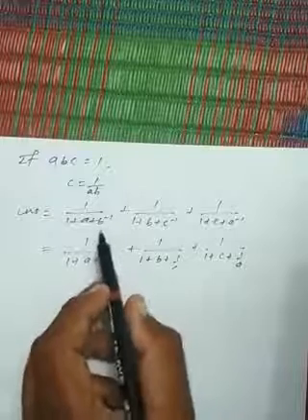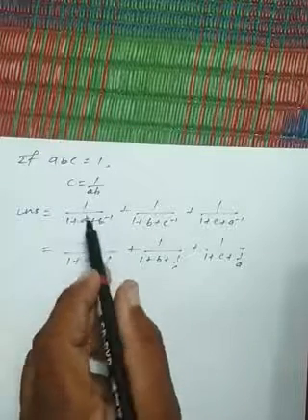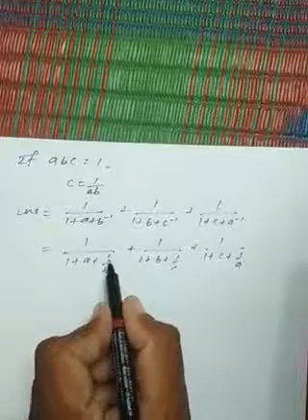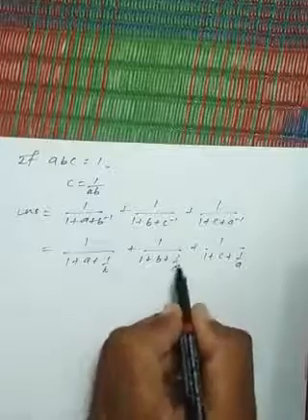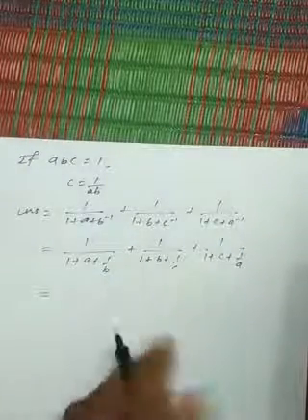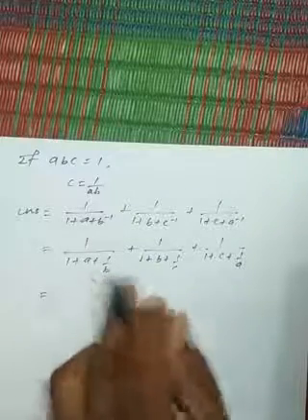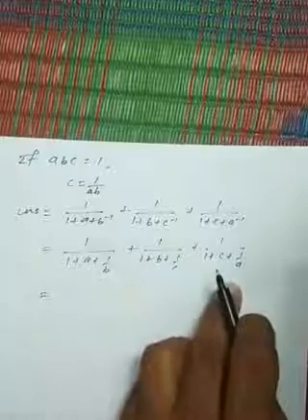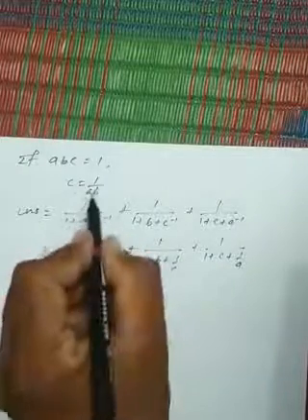Here B inverse can be written in the form of 1 by B. Similarly 1 by C and 1 by A. In these steps we should make the same term in these three terms. So put C equal to 1 by AB.